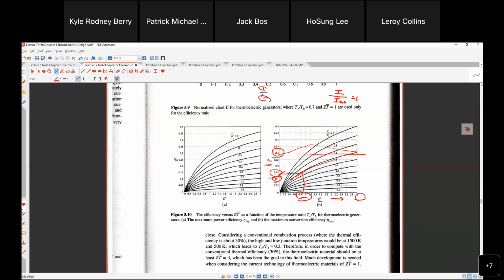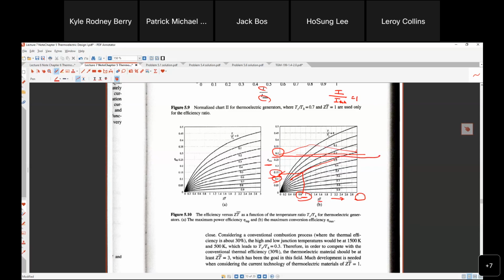What is the efficiency of a gasoline engine? Anyone? Power efficiency. Come on, gasoline engine. No one knows? Somewhere in the 30s, 36 maybe %. Yeah, about 30%. This is a gasoline engine.